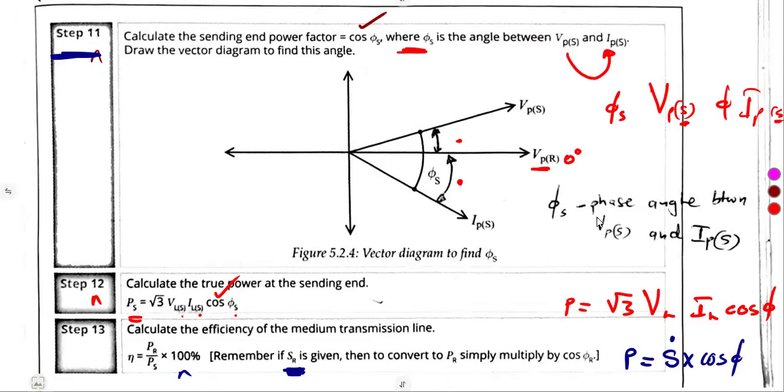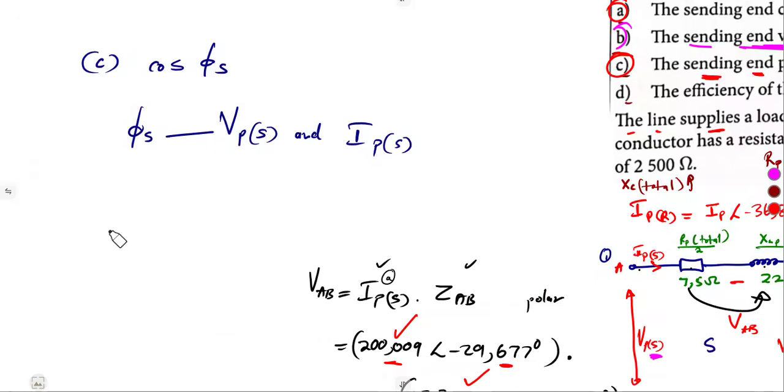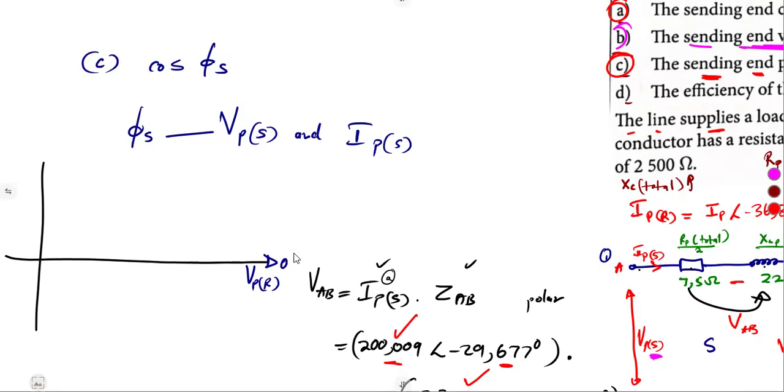So if we consider that, we took the receiving end as our reference. So we have the receiving end here at 0 degrees as the reference.